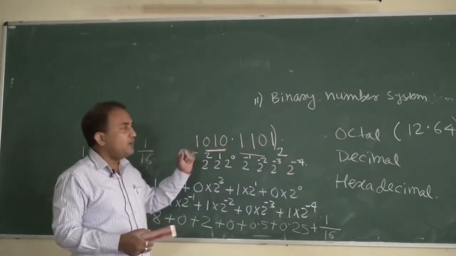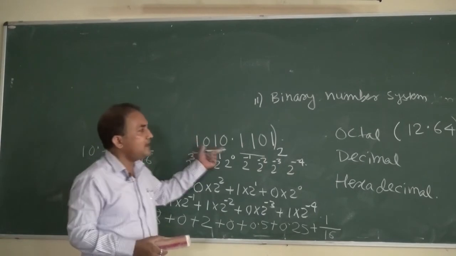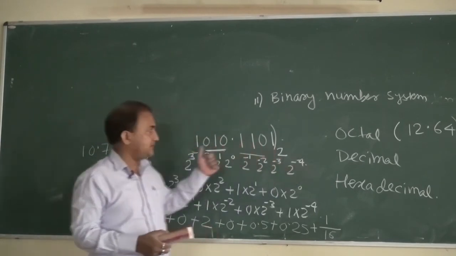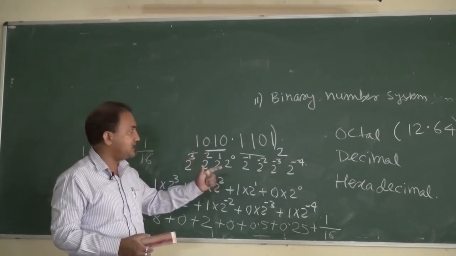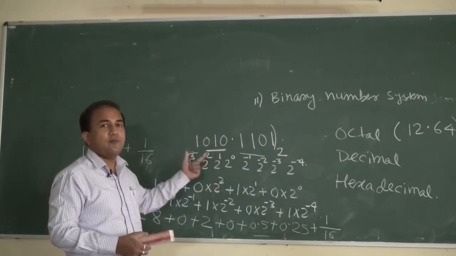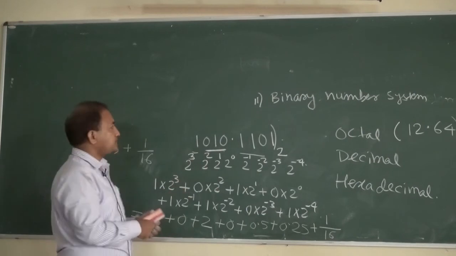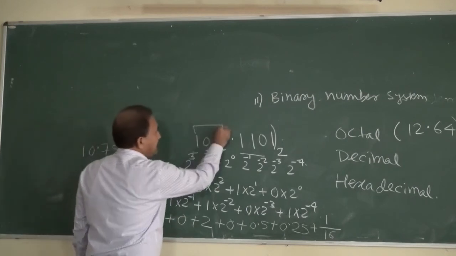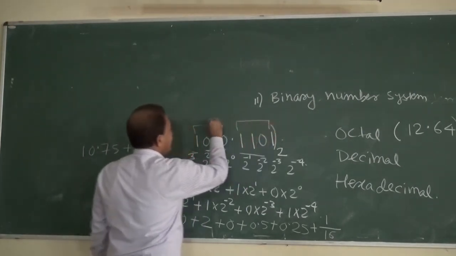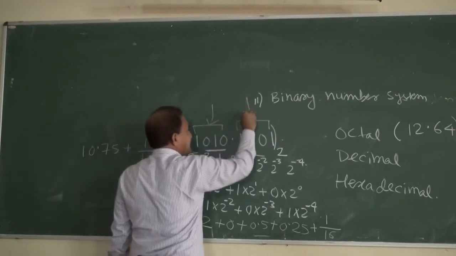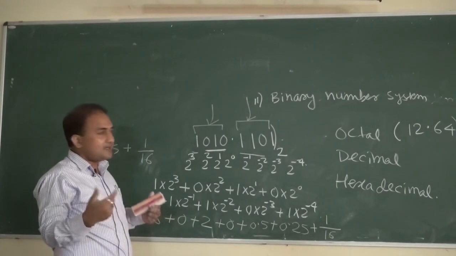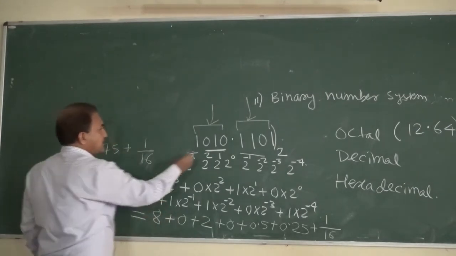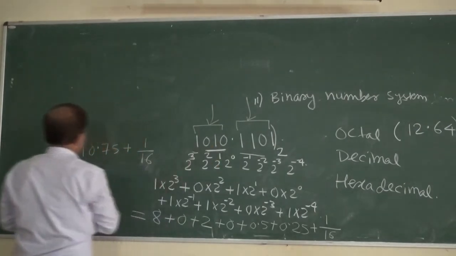Similarly, how can we convert this binary number to the hexadecimal number system? In order to convert this binary number to hexadecimal, we have to combine 4 bits at a time. So this 4 bits and this 4 bits, what is the equivalent value in hexadecimal? We can see.